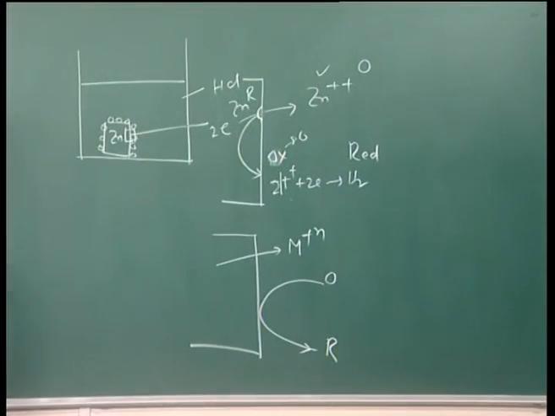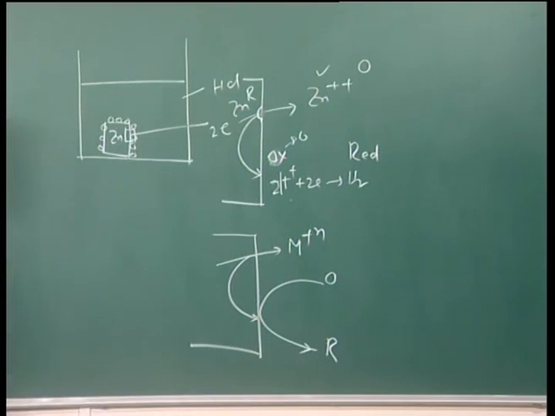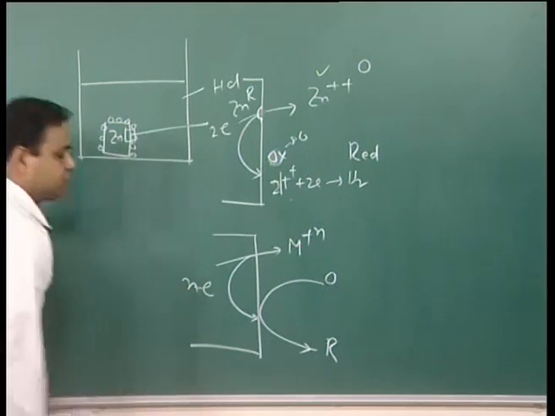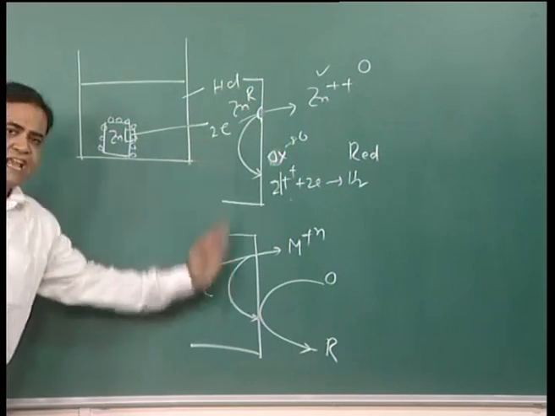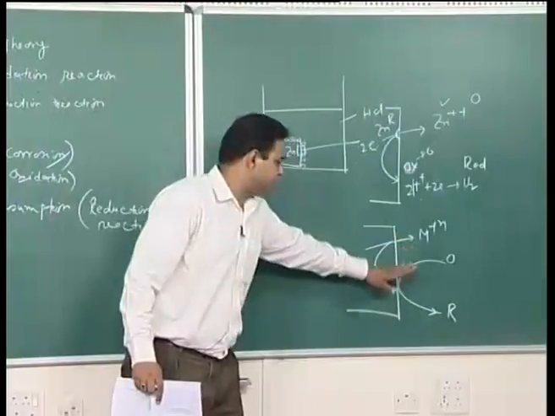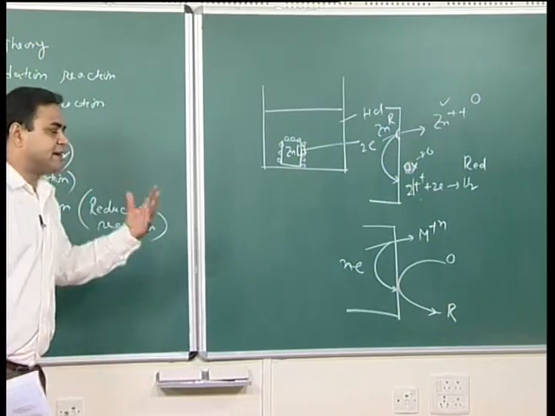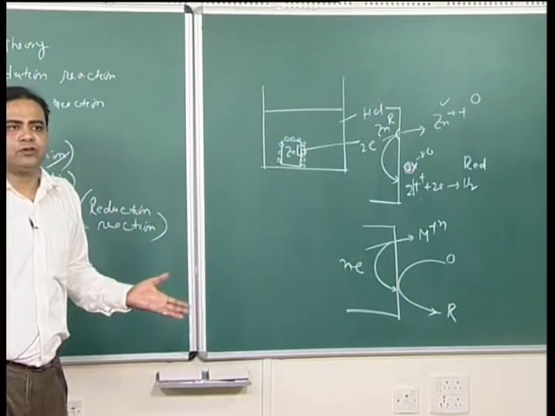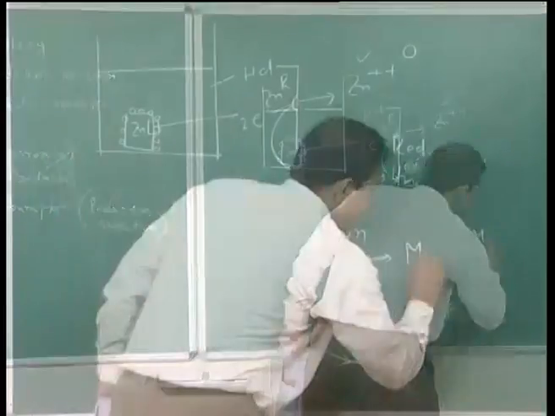The electron flow is n electrons. This is the process. That means on the same surface you are getting an oxidation reaction as well as a reduction reaction. So the same surface is acting as cathode as well as anode. That is why this one is called a mixed electrode.